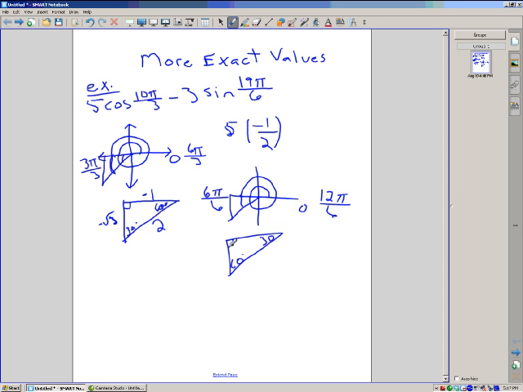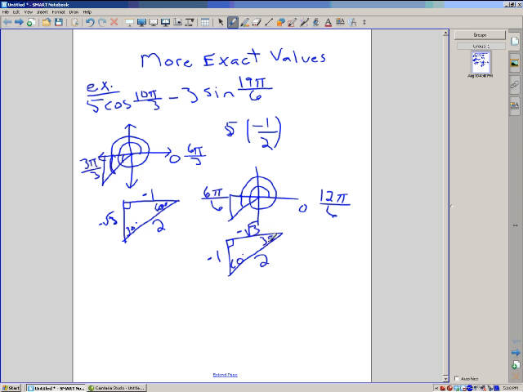And then this is a 90. Alright, so how we're going to label this on our 30, 60, 90, we put a 1 across from the 30, but look where it's at. It's in quadrant 3, and this is going down here, so that's a negative 1. And across from the 60, we put a square root of 3, but we went left, so that's a negative square root of 3. And of course, the hypotenuse is a 2.